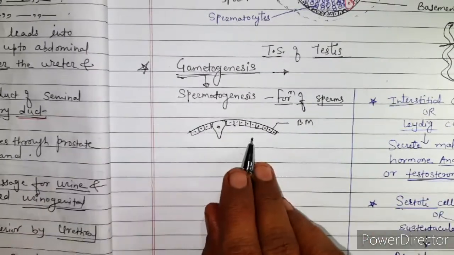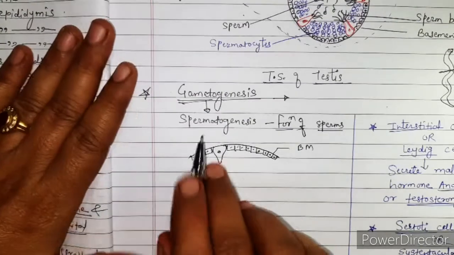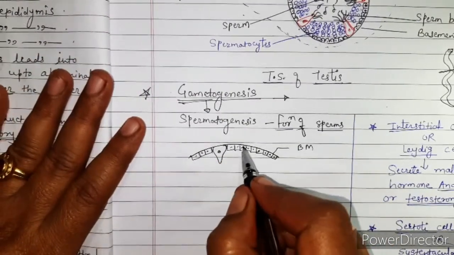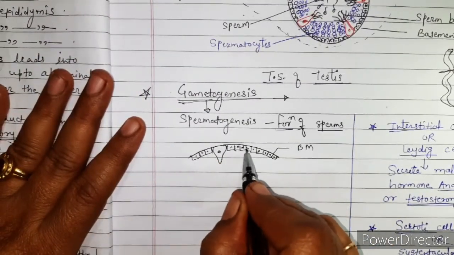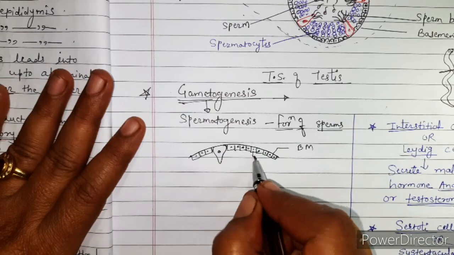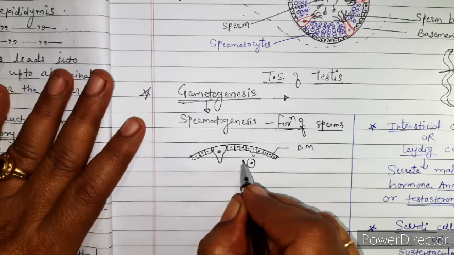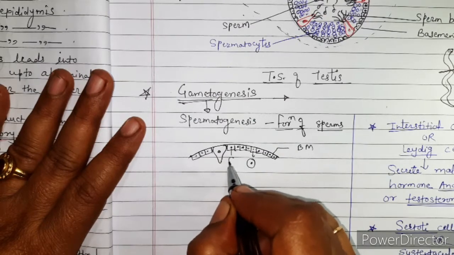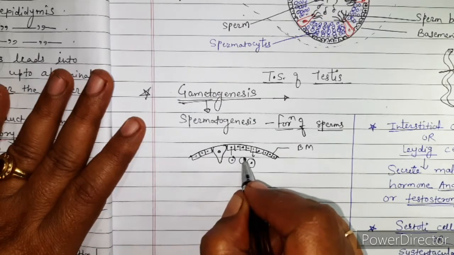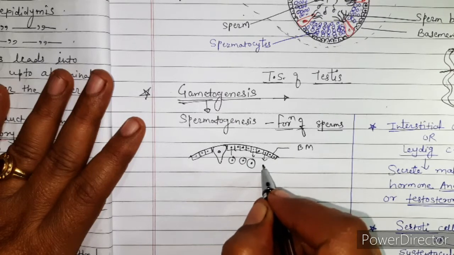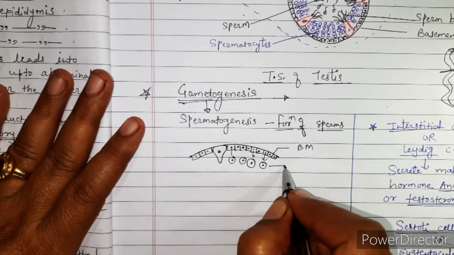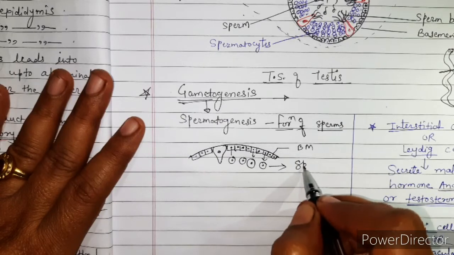So what happens here, during spermatogenesis, these epithelial cells produce spermatogonia. Now I am showing only one cell here, but many cells are formed. So these germinal epithelial cells give rise to spermatogonia.